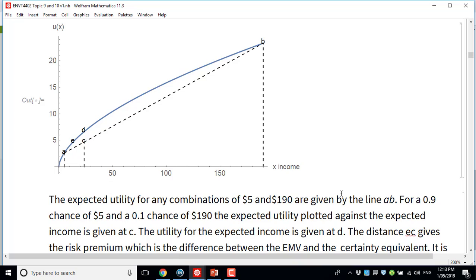In this case, the expected utility for this particular lottery, which is a 90% chance of getting $5 and a 10% chance of $190, is plotted in the income as given at point C. So that is the point here. And then we can also calculate the expected net income, which is around 53 point something.